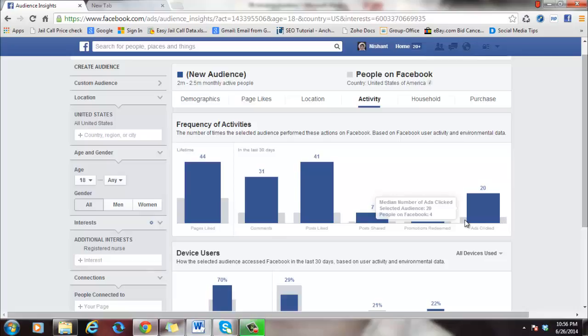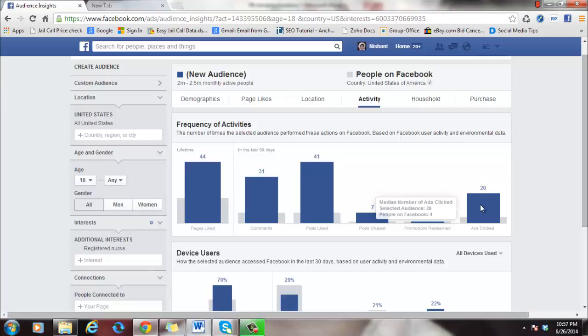The average person on Facebook clicks only 4 ads a month, but a person in your niche, which in this example is the registered nurse niche, clicks 20 ads. So that tells you that the people in this particular niche are 5 times more likely than any other normal person to click on an ad, and in theory they're 5 times more likely to purchase it.